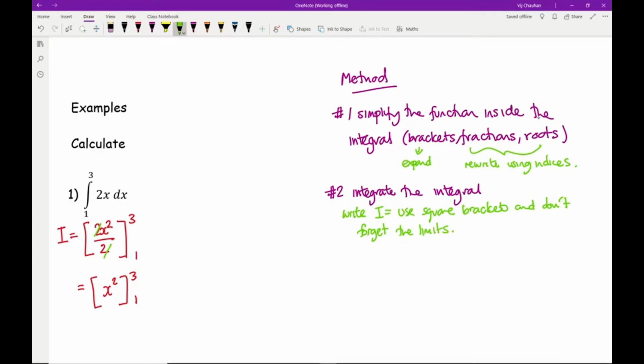So once we've done this, just to keep everything on the same screen, I'm going to divide it into two. Now what we need to do is substitute.